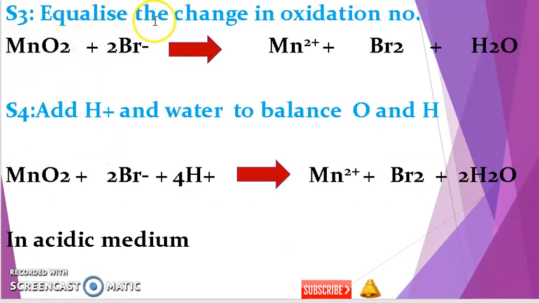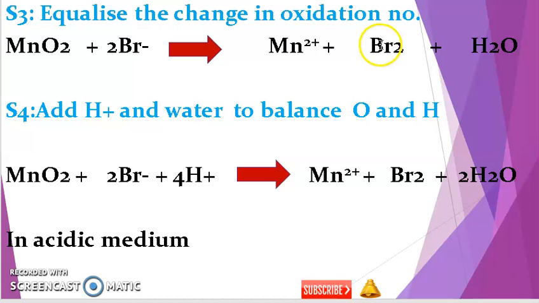Okay, what about the next step? The third step is to equalize the change in oxidation number for both atoms, multiplying by a suitable integer, and balance the number of atoms other than oxygen and hydrogen. That means what here? Equalize the change in oxidation number means we have to see both sides, left side and right side. If any change is there, we have to make it.